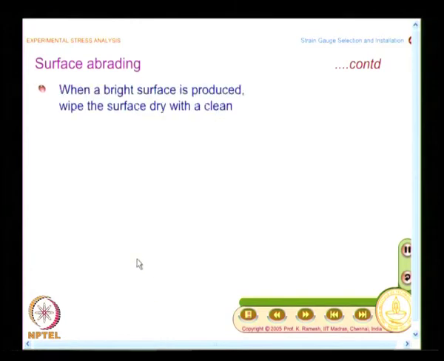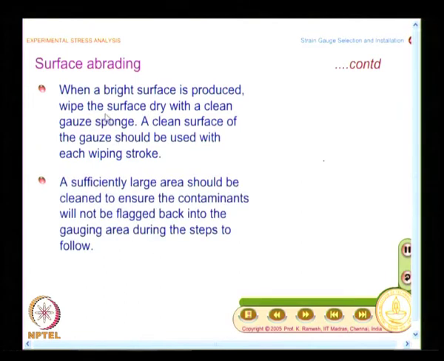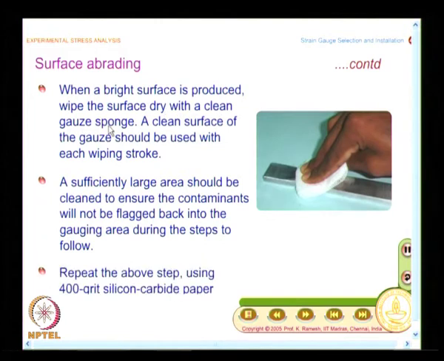Now, this is the recommendation. So, when you get a bright surface, wipe the surface dry with a clean gauze sponge. So, you need several pieces of gauze sponge before you start the installation.